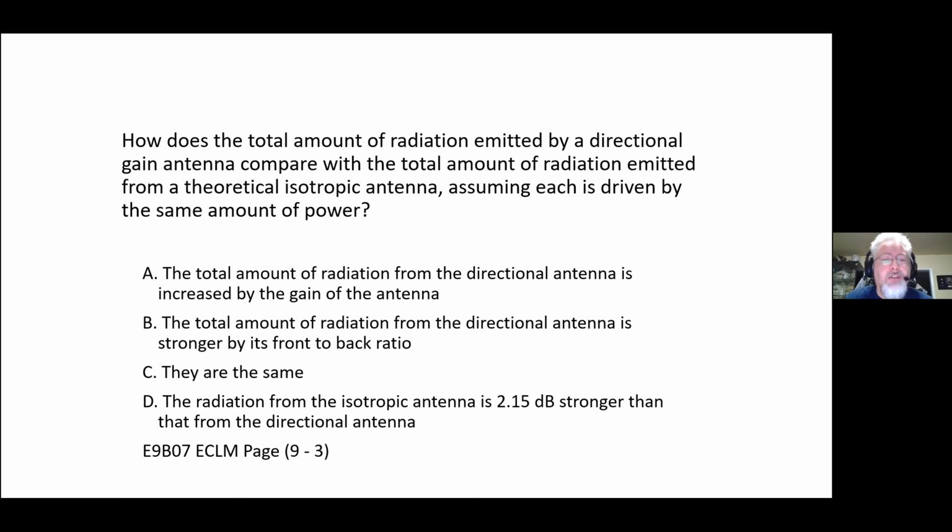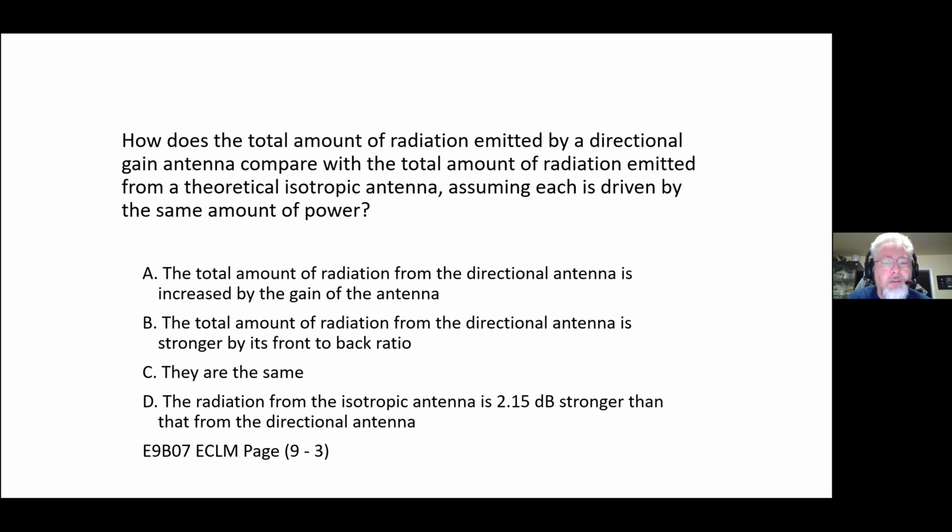How does the total amount of radiation emitted by a directional gain antenna compare with the total amount of radiation emitted for a theoretical isotropic antenna, assuming each is driven by the same amount of power? A, the total amount of radiation from the directional antenna is increased by the gain of the antenna.